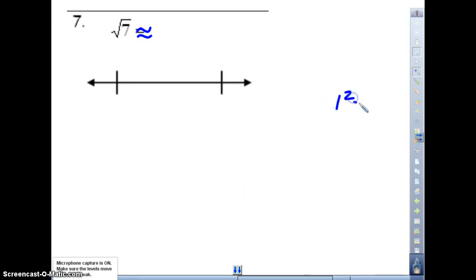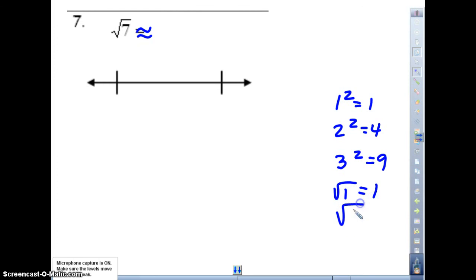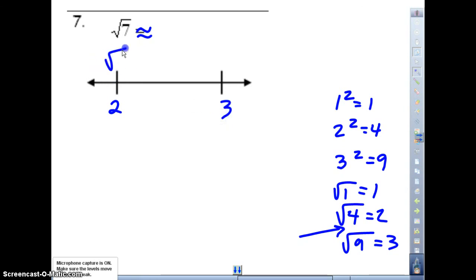Okay, well, 1 squared is 1, and 2 squared is 4, and 3 squared is 9. So I know that the square root of 1 equals 1, and the square root of 4 equals 2, and the square root of 9 equals 3. Square root of 7 falls right in between these two. So 2 goes here, 3 goes here, 2 is the square root of 4, 3 is the square root of 9.